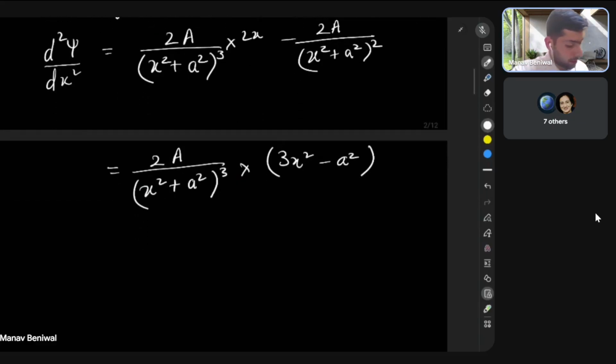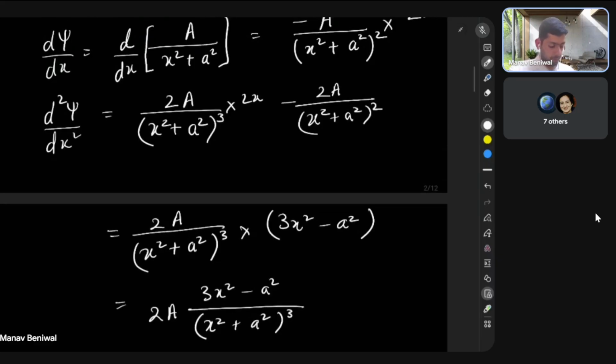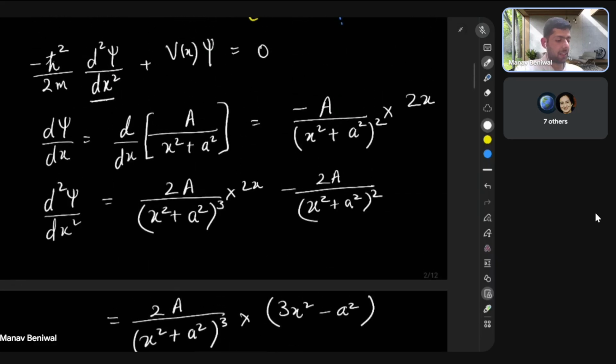So writing it properly, we will have 2a times 3x squared minus a squared over x squared plus a squared cubed. All right, so this is our second derivative, and let's say this is our equation 1.